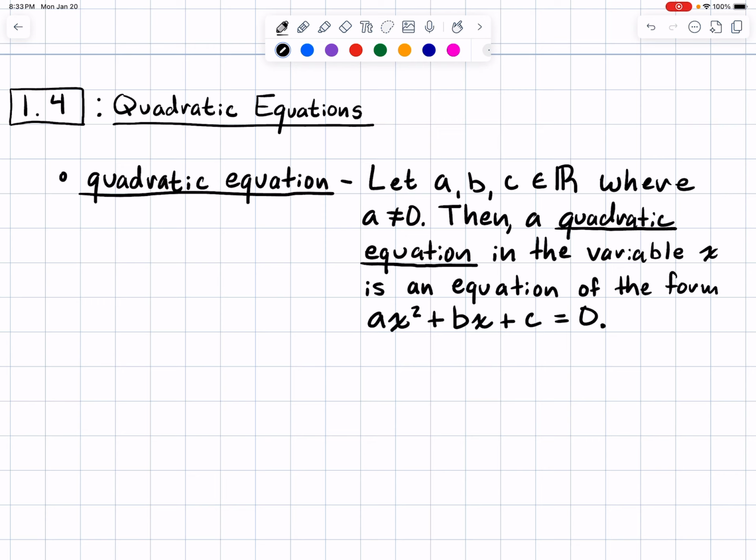Okay, so that is the definition of a quadratic equation.